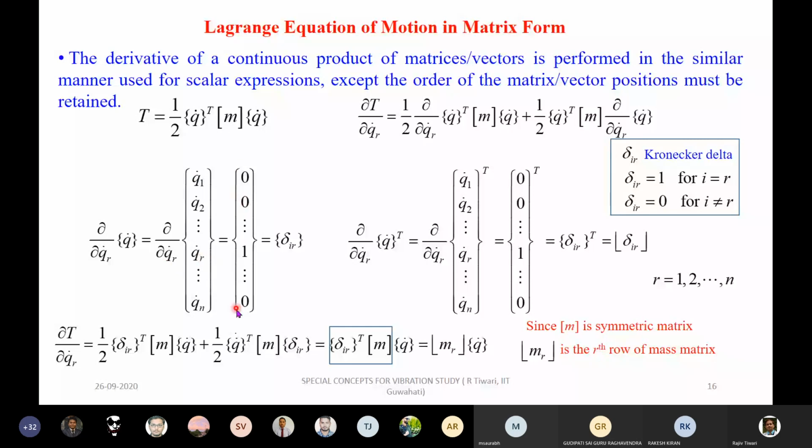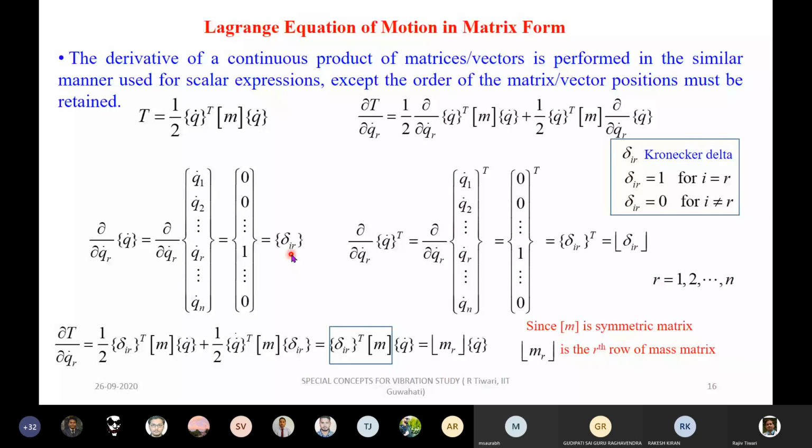So this particular vector, which has all elements 0 except the rth row which is 1, can be represented as delta ir, a Kronecker delta function. Its property is that it equals 1 when i is equal to r, and 0 for the rest of the values of r. It indicates that only the rth row is unity, others are 0.